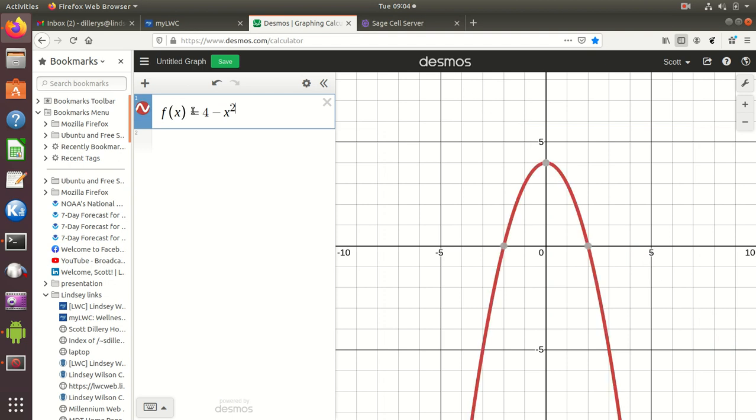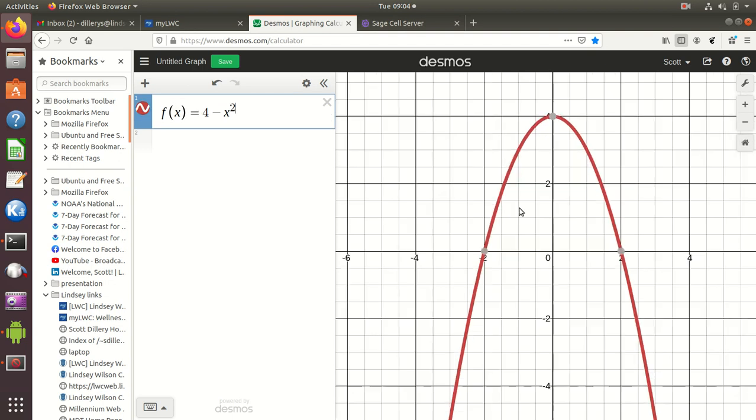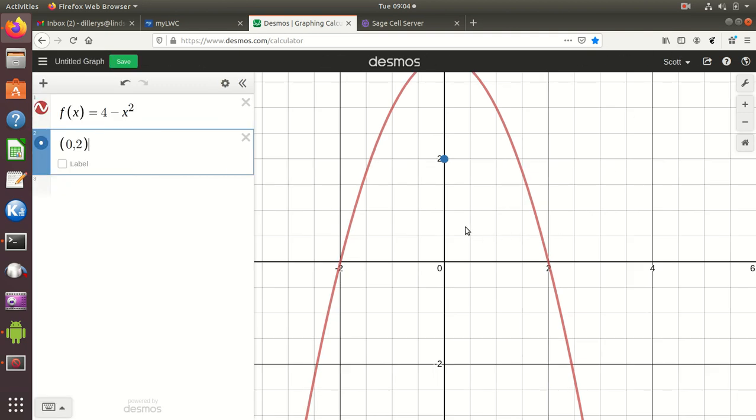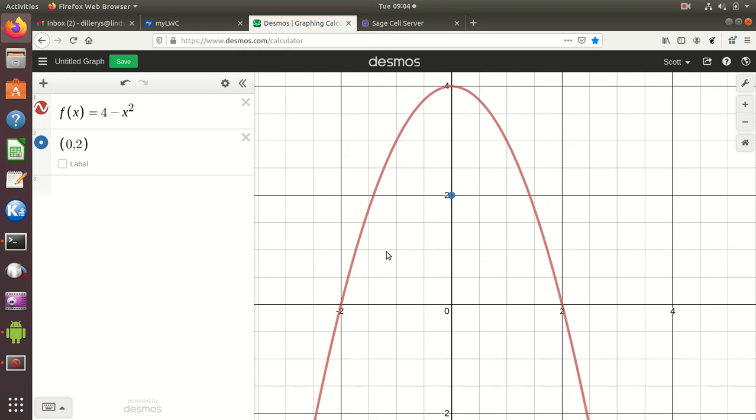So there's the picture of our function, and then I'm going to toss in the point here, 0, 2, and so we got our point right there. I'm going to get rid of the menu on the side. It gives us a little more room. And there we have it.